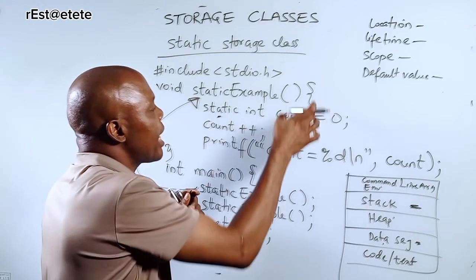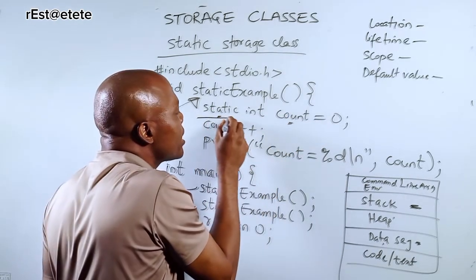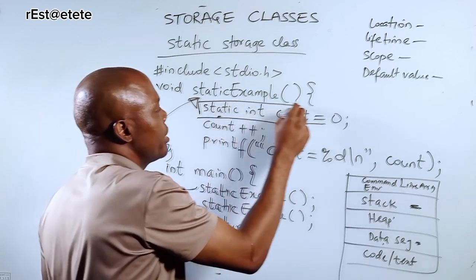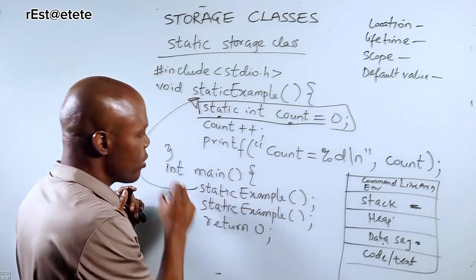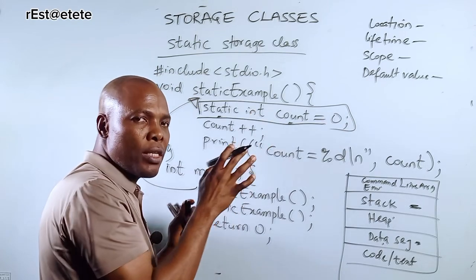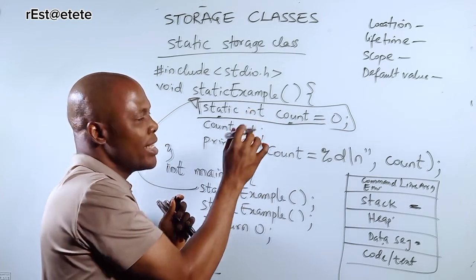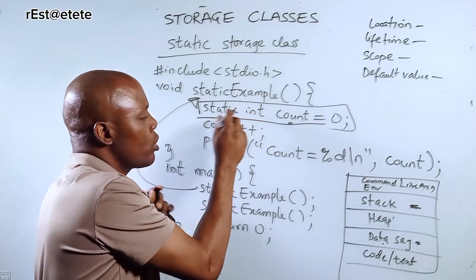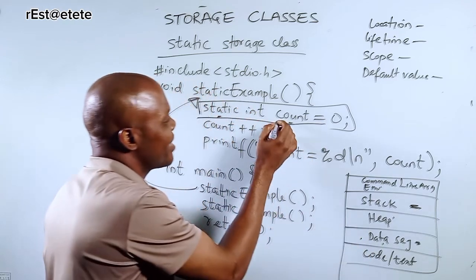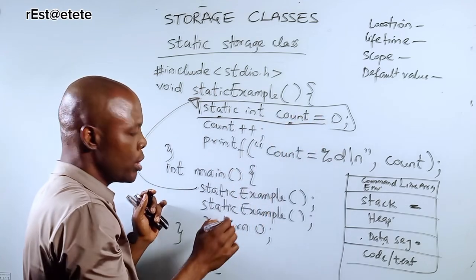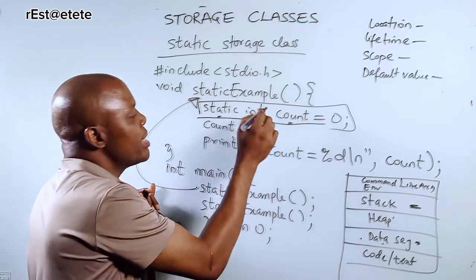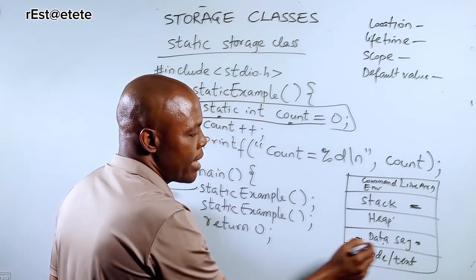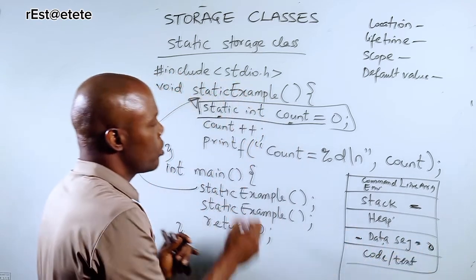Inside this stack, it is not going to create this count again, because at the initial point of running this program, it already went to the data segment and created count and assigned 0 to it. So calling it now is just going to access this count, and the value inside it will be 0.